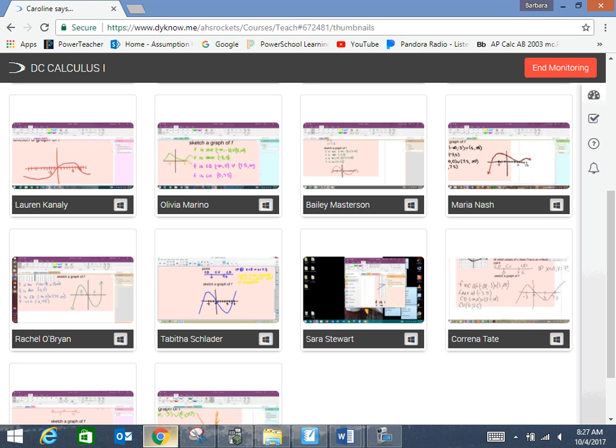Concave down and increasing could be like this. So you're still going up here. Concavity doesn't have to be straight up and down like you think.